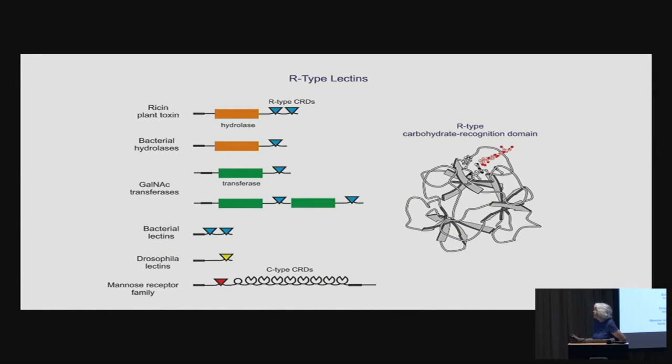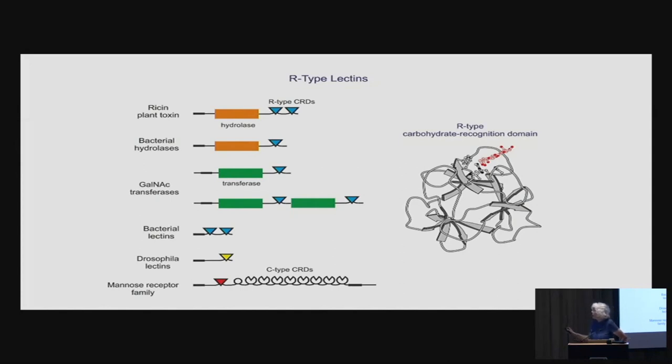R-type lectins all contain a domain that looks like this domain in ricin, which is shown here. This has the typical beta trefoil structure, and this is the one from ricin showing it recognizing galactose.